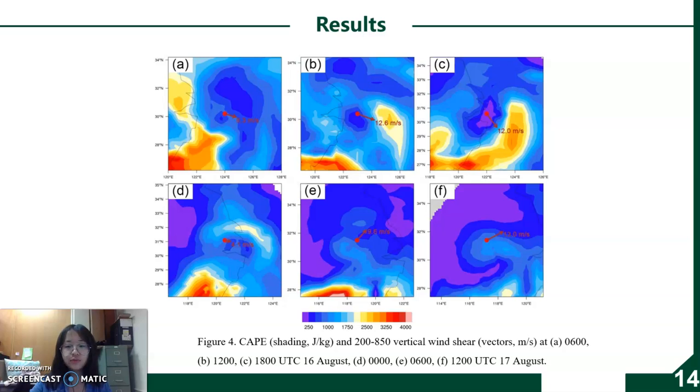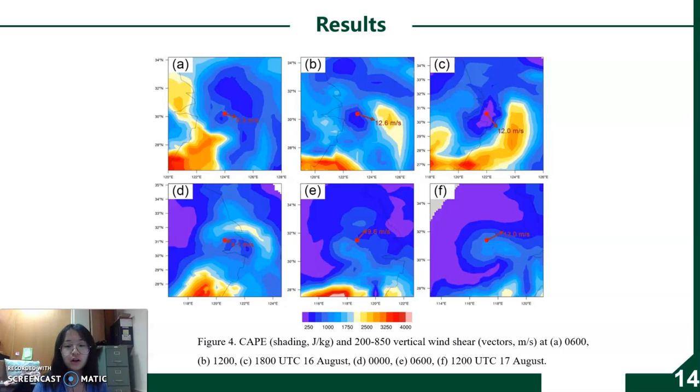This has some difference with the result in Feng and Shu in 2018 that weak tropical cyclone may have heavy rainfall due to the influence of strong westward vertical wind shear.